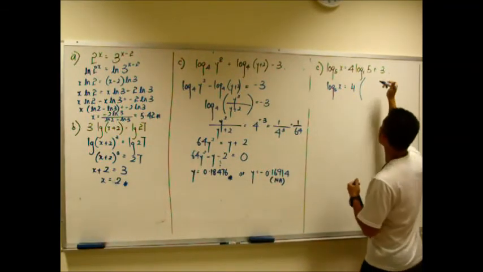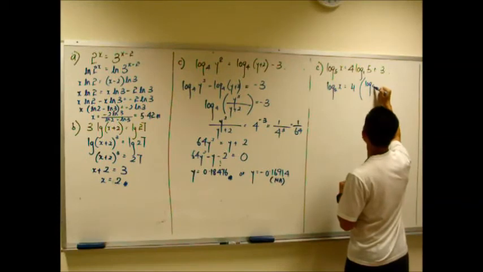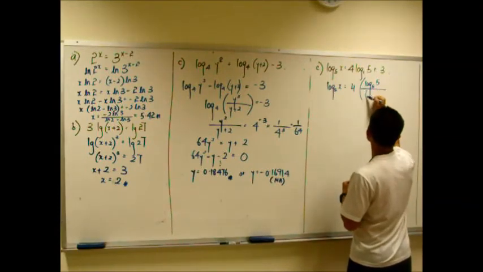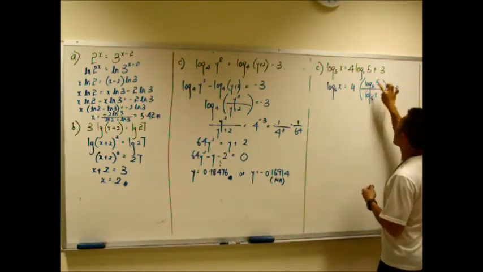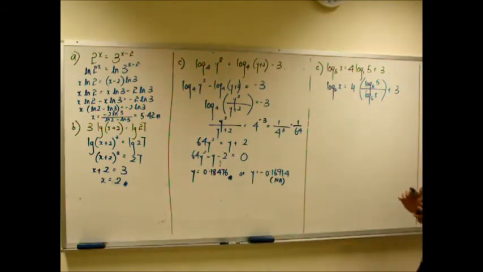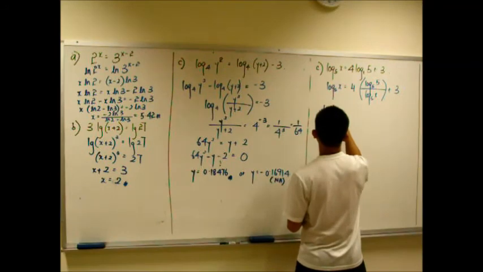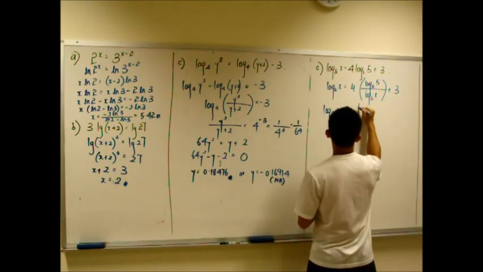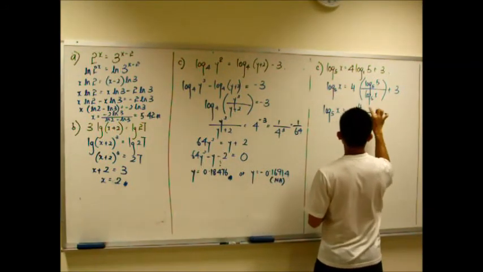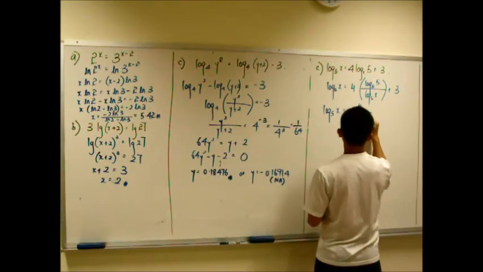Remember to write a bracket. I'm changing my base down to base 5. Log 5 to base 5 is equal to 1. You have learned that before. 4 multiplied by 1 is 4.